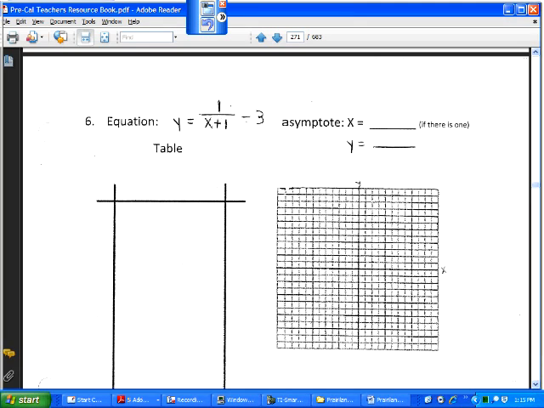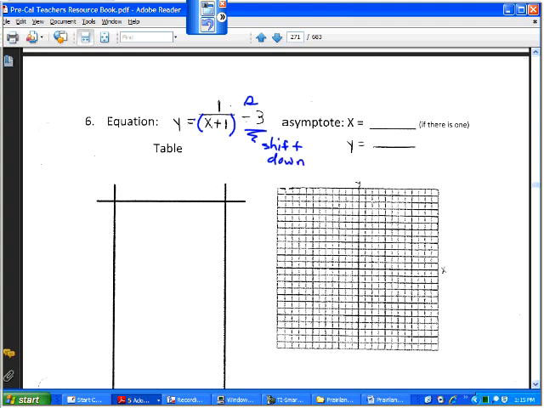Number 6, what's outside the parenthesis happens to y in the order of operations. So y will decrease by 3, which means that it's going to shift down 3.